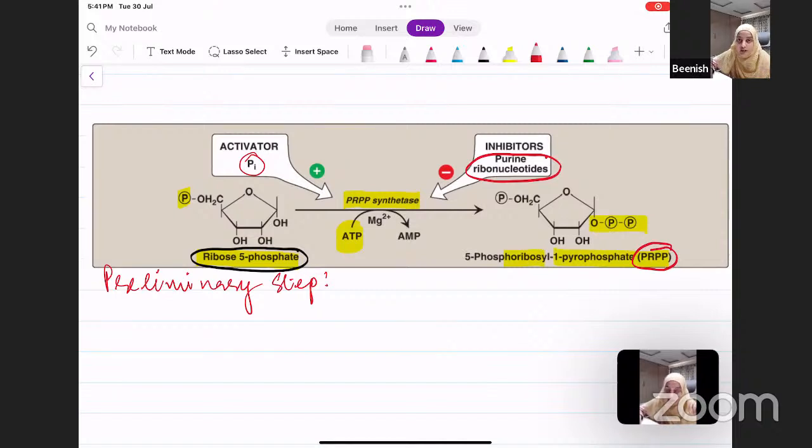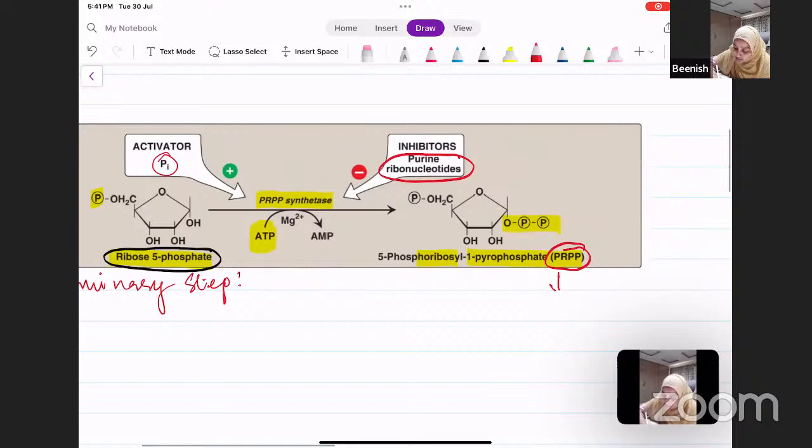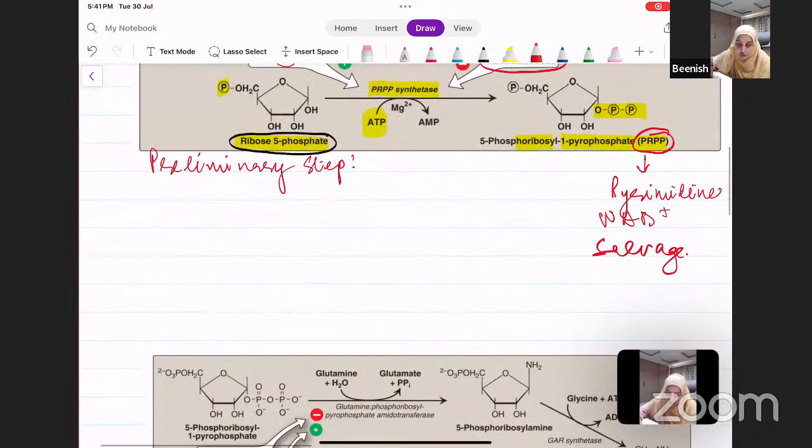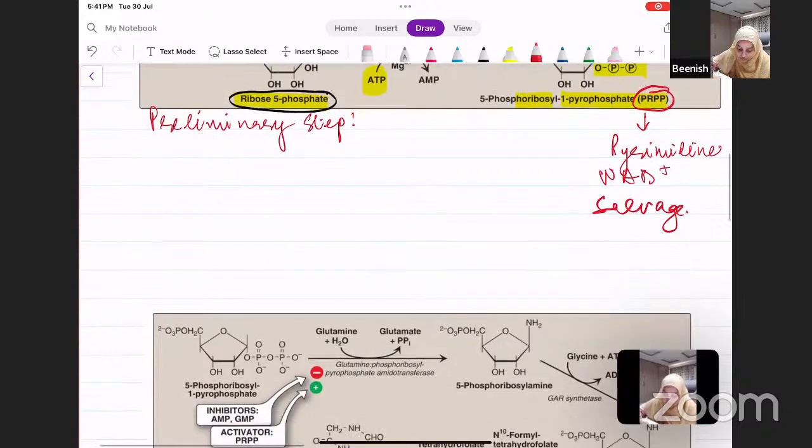Therefore, this is a regulatory step, but since it is not a committed step, it is not the rate limiting step of this cycle, because this PRPP has other fates also, like pyrimidine synthesis, NAD plus synthesis, salvage pathway, etc. Okay.